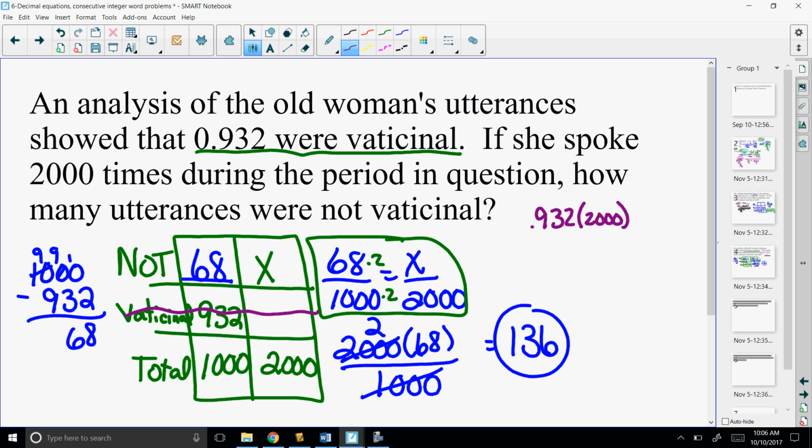So if I were to multiply that, I'm going to get 1,864. That's not my answer. That's how many were. That's what would go in this box right here, 1,864. And to find out how many are not, I would have to take 2,000, which is the total number I have, and subtract the 1,864 from that. And when you do that, you should end up back with that 136.